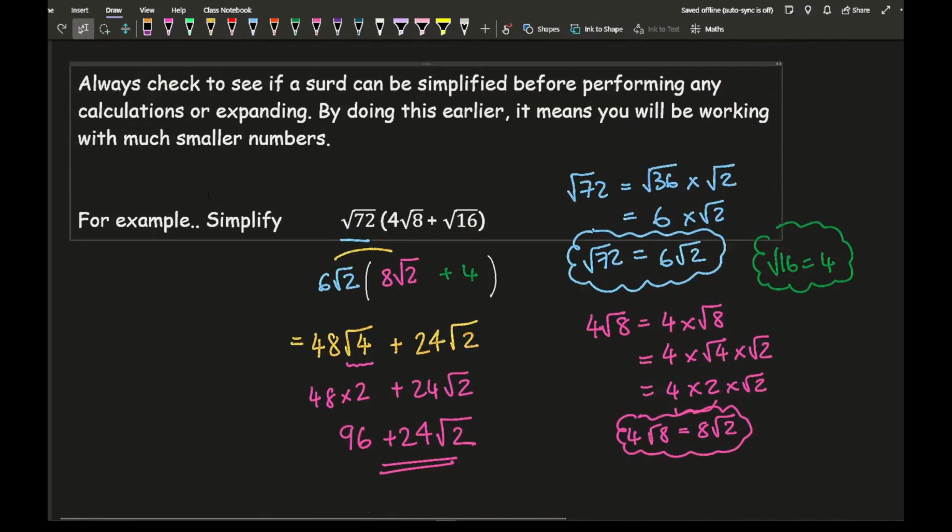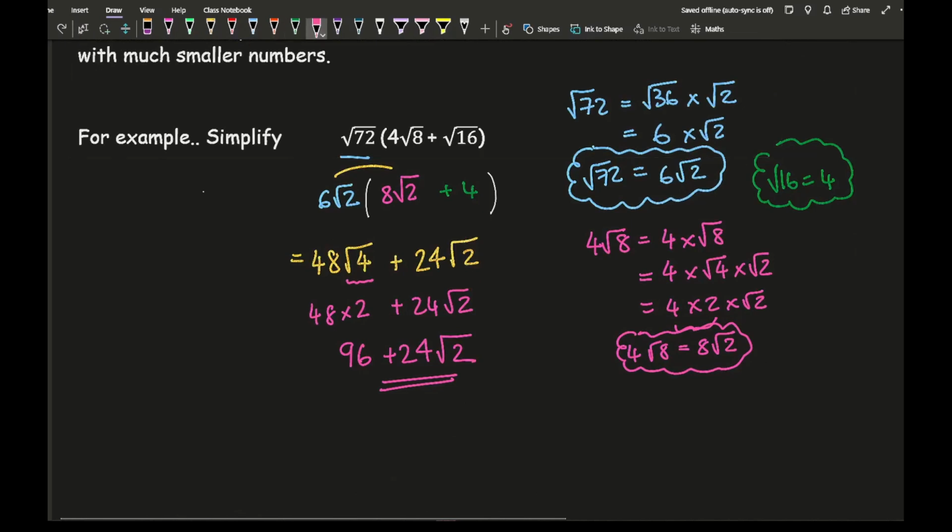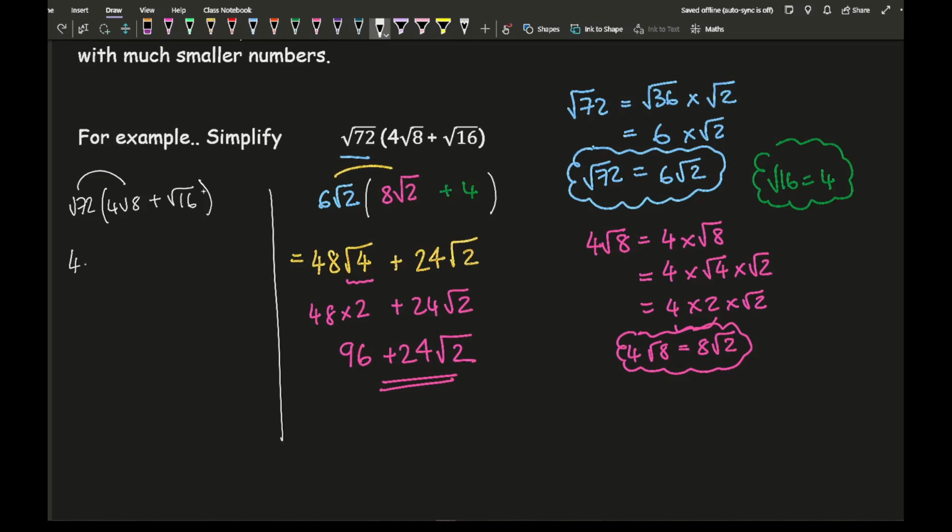Now that is a lot easier than, let's say, treating this as a right from the start. So if I then had to do root 72 and then 4 root 8 plus root 16, let's say this is on a non-calculator paper, then what I'd have to do is multiply these two things together. So I've got 4 and then it's going to be 72 times 8, which I'll be honest, I don't know off the top of my head.